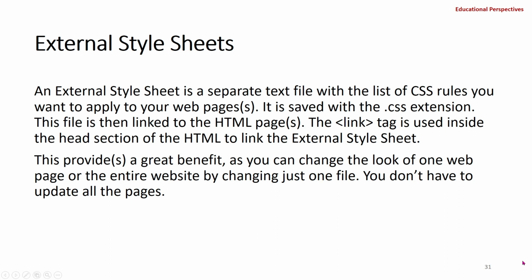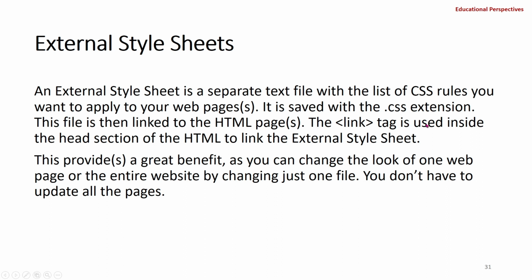Now comes your external style sheet. In an external style sheet, as the name suggests, external, that means this is a separate text file with a list of CSS rules you want to apply to your web pages. It is saved with the .css extension. The file is then linked to the HTML pages.